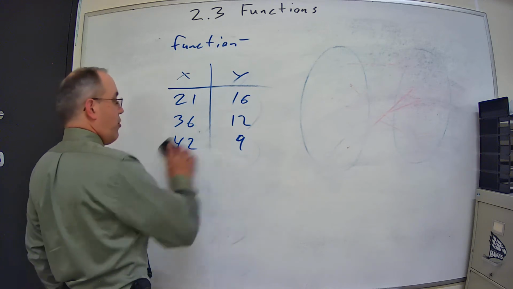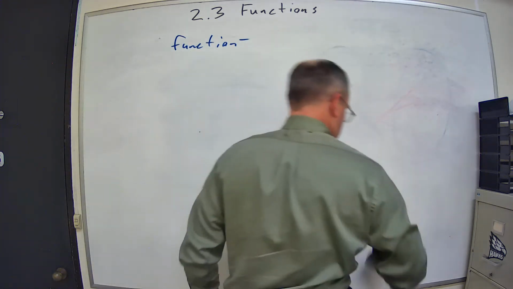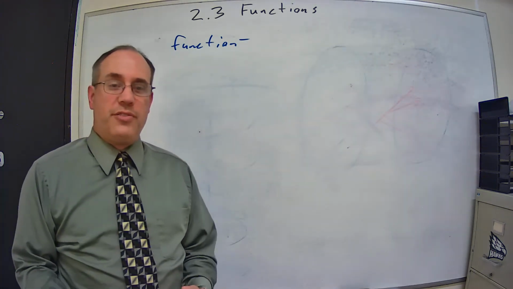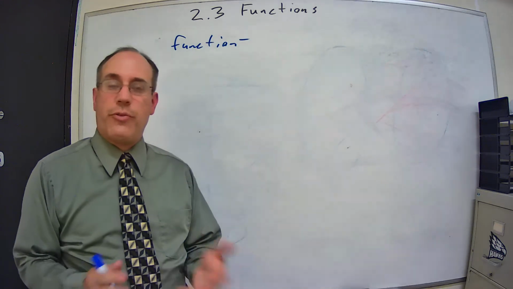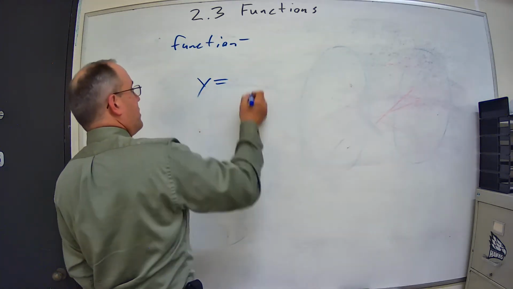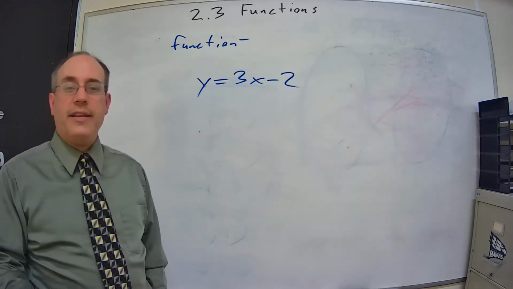We can also give a function by using what we call a rule. A rule is simply an algebraic relationship. Y is equal to 3x minus 2. That is a rule.